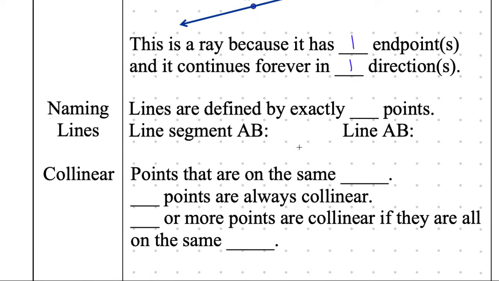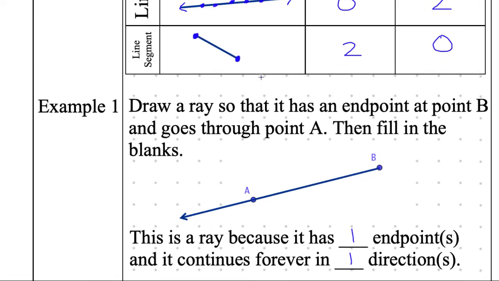Naming. So this can be a little bit confusing, but lines are always defined by exactly 2 points. Not 3, not 1, not 10, exactly 2 points. So how do I say line segment AB? Line segment AB, well, I write out AB, and I do a line above it. Pretty straightforward. Well, how does that differ from line AB? Again, a line segment has 2 endpoints.